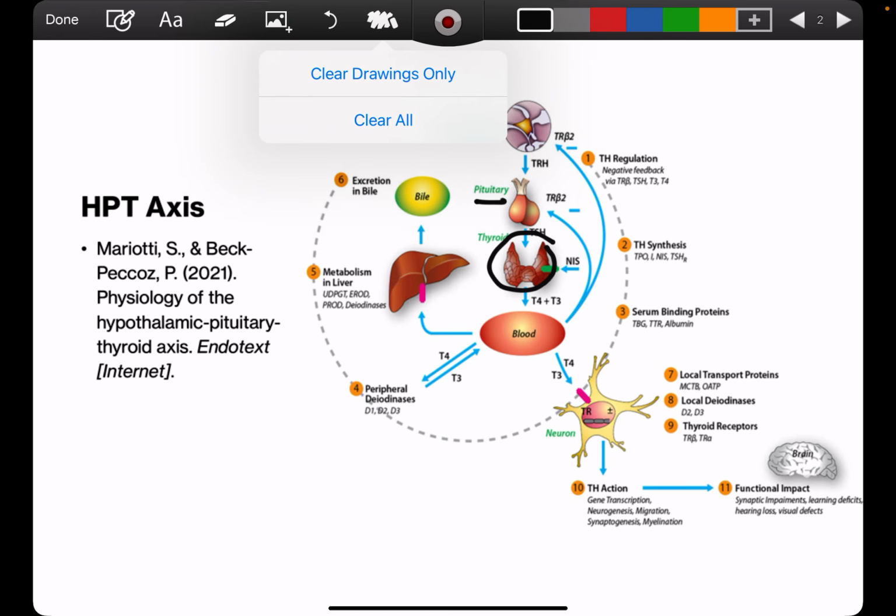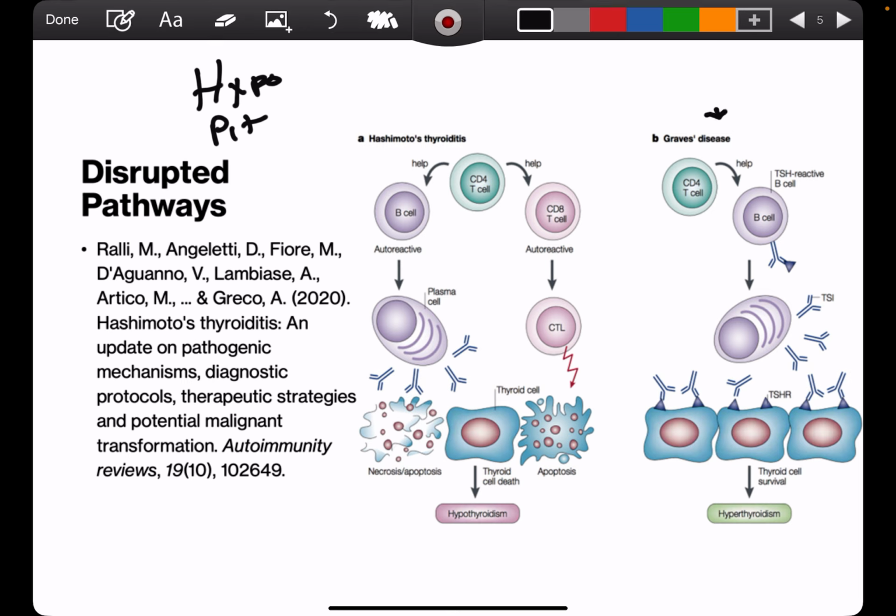This is just a visual of the disrupted pathways. I'm more of a visual person myself, so I like to see these things. Again, the hypothalamus, I'm just going to call it hypo, and the pituitary are not disrupted in any sense. They're still producing TSH as normal.